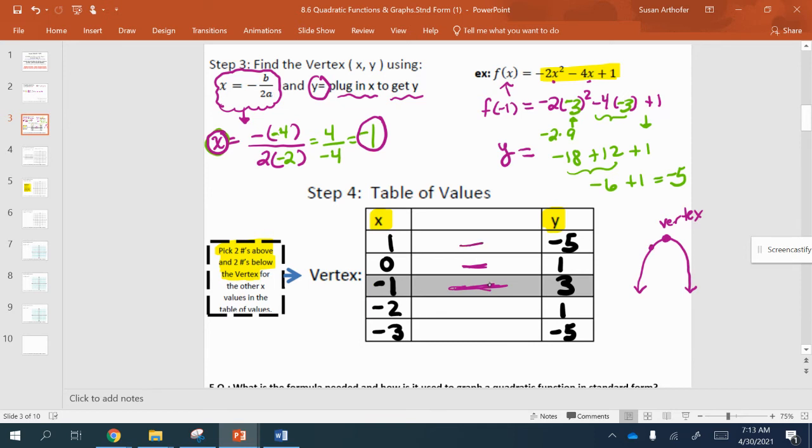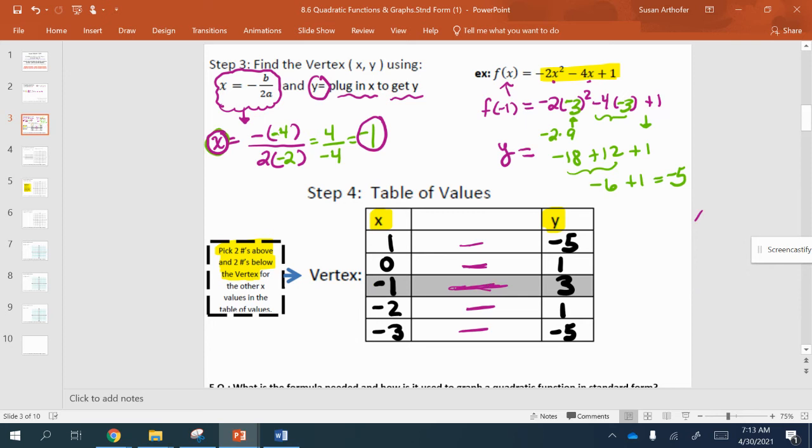If we were to plot this dot over 1, negative 5, it would be here. And then if we were to go back and plot this dot, negative 2, 1, it would be here. Plot this dot, negative 3, negative 5, it would be here. So you see how there's dots across from each other? So these are the symmetry dots. That's why these numbers, the 1 and the negative 5, come up to be the same. It's the symmetry. So you'll see that when you plot the graph.